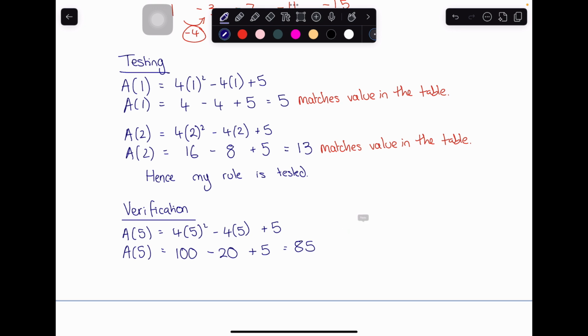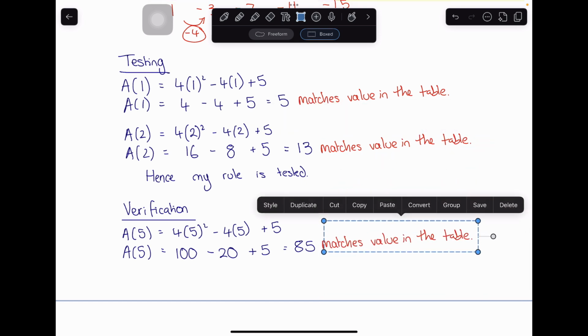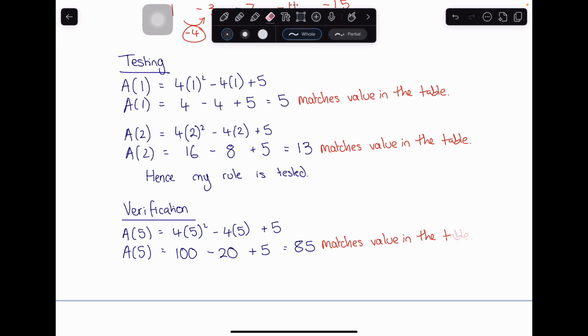Again, this matches the values predicted in the table.